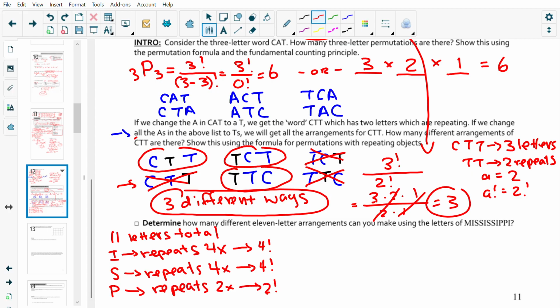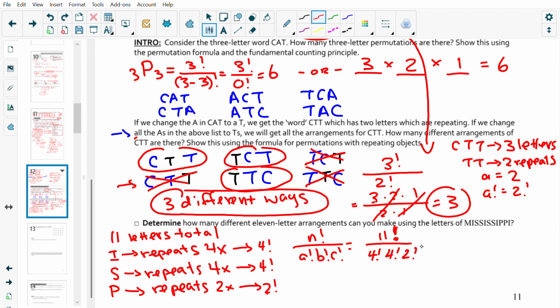Okay. So the formula, n factorial over a factorial, b factorial, c factorial: 11 total letters, so 11 factorial total arrangements, divided by, it's like you're dividing out all the repeats. 4 factorial, this is for the repeat of the i's. Another 4 factorial, that's the repeat of the s's.